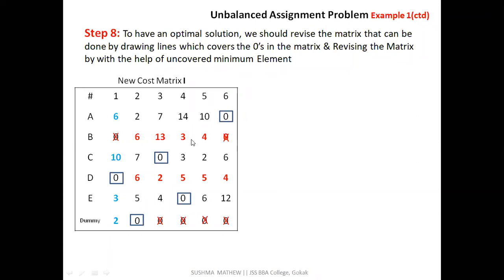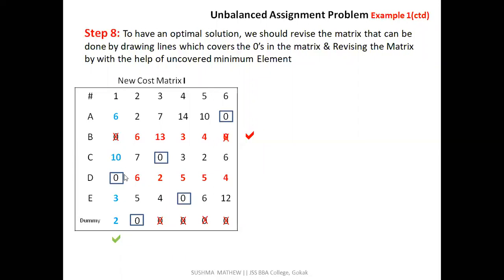Now I have to draw lines to revise the matrix. How am I drawing the lines? I have to tick mark wherever there is no assignment in a row. In B row there is no assignment. I need to check for columns, for zeros. There are 2 zeros in the first column and the 6th column.